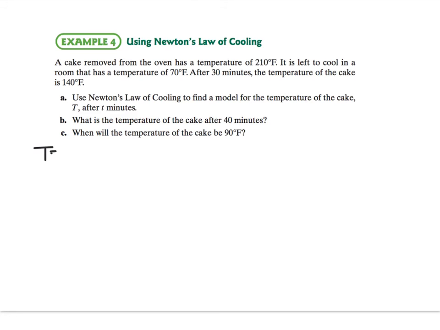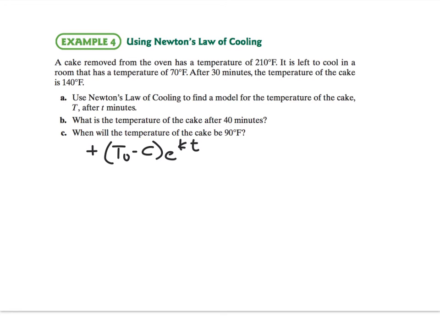T is equal to C plus the quantity T naught minus C, e to the kt. Okay, so they give us the initial temperature, which is 210 degrees, the room temperature is 70, and then the final temperature, or T in this case, is 140 degrees.